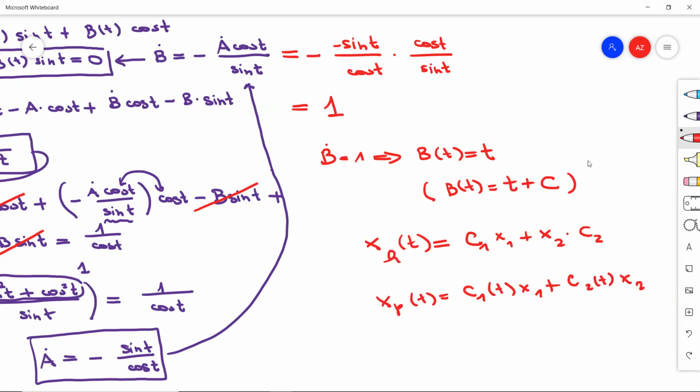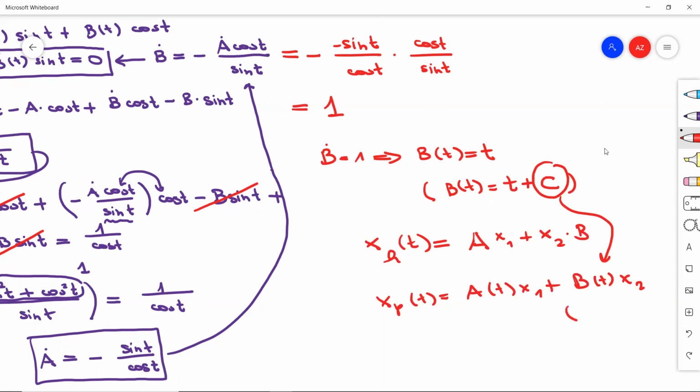So this constant, let's say a and b to stick to the same notation, in b would in fact be a part of the homogeneous solution.